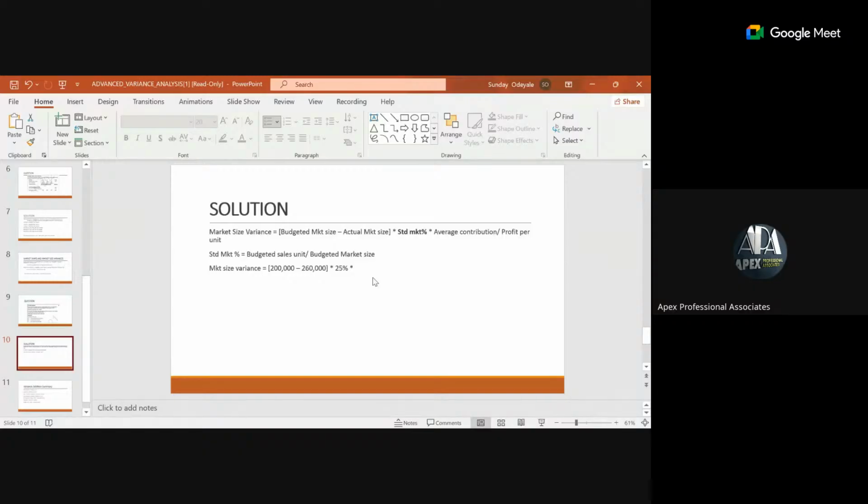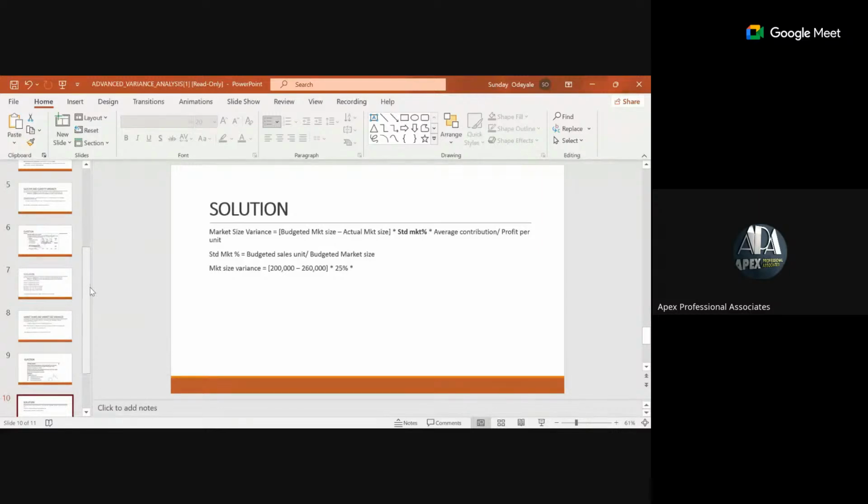Can anybody bring an idea? Why do you think this is so? We should all agree that there's a difference between standard contribution and average contribution per unit. That is a fact, no dispute. But why can we use standard contribution here and we cannot use it in the other example?